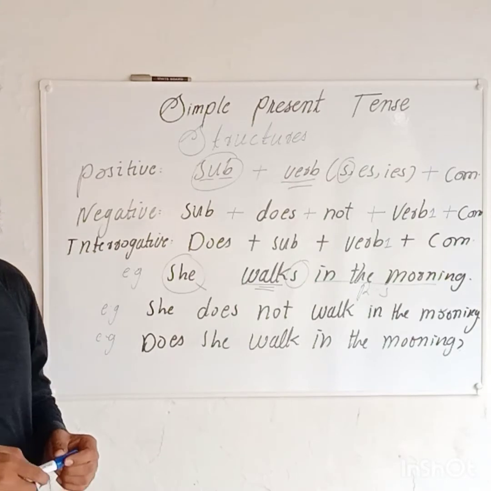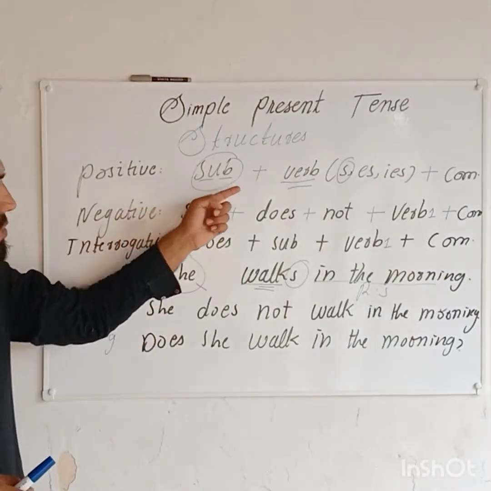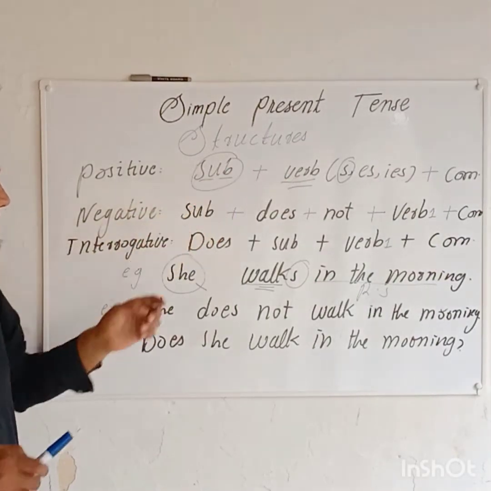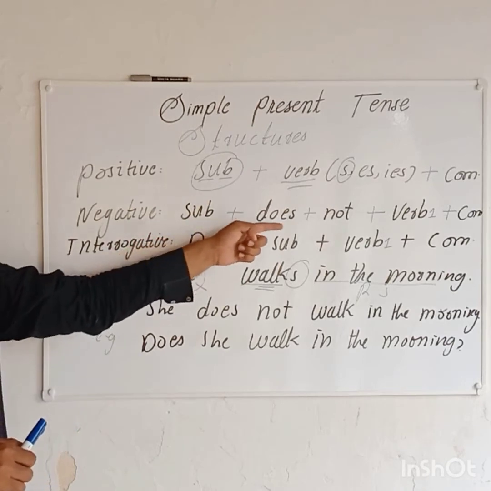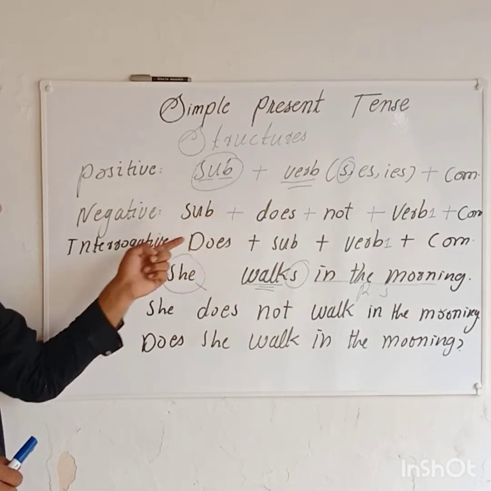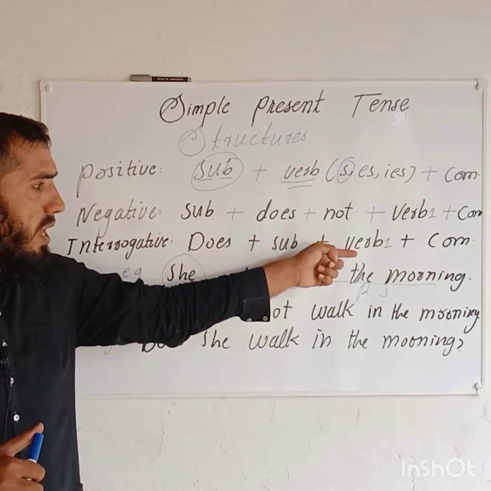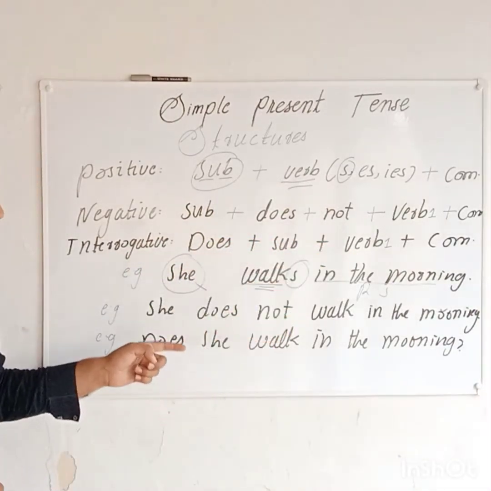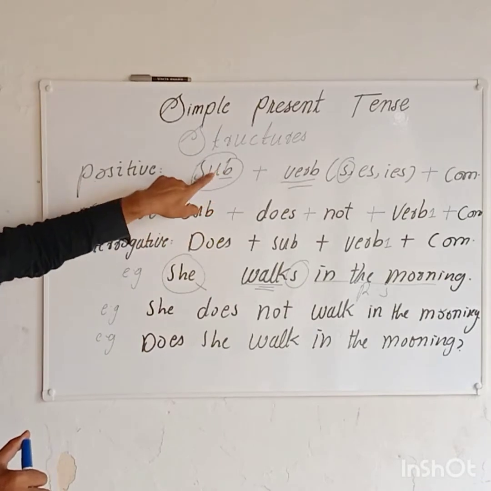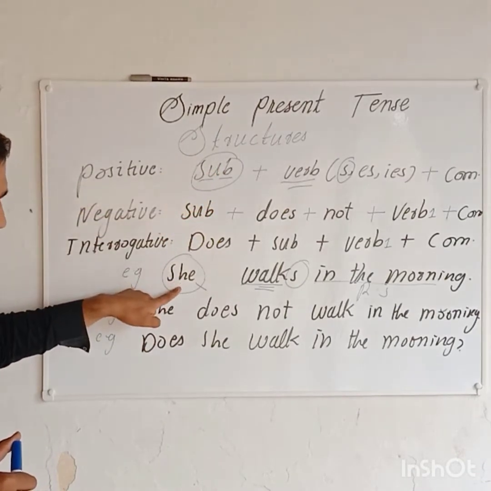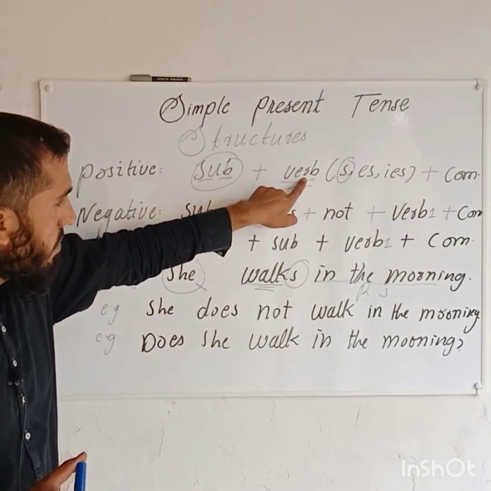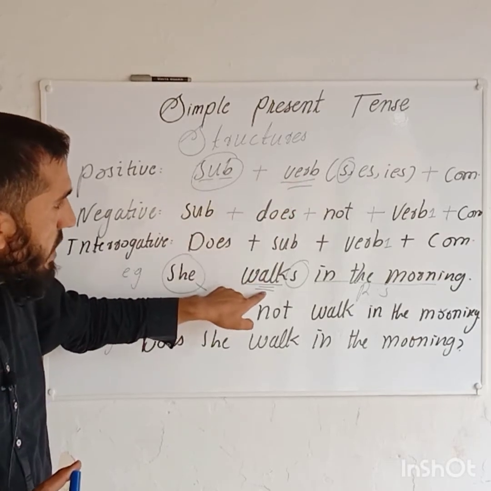If you want to make a positive sentence, you need to use this structure. If you want to make a negative sentence, you need to use this structure. And if you want to make an interrogative sentence, you need to use this structure. Well, first you need to use the subject, she, and then the verb walk we have here.